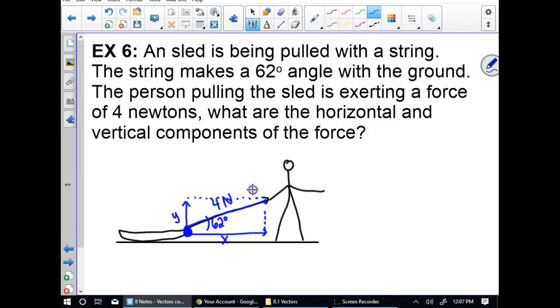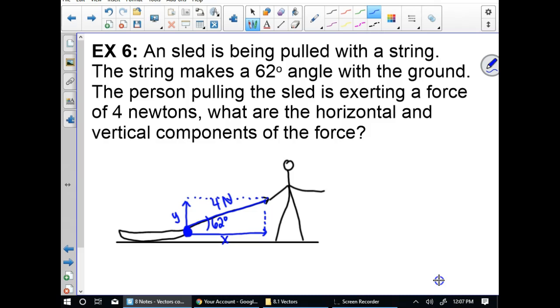And we know the hypotenuse, the force exerted on the string, is 4. So this problem is a lot like the problem where we had the different directions of the wind.